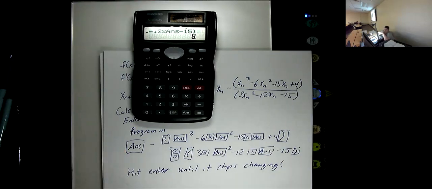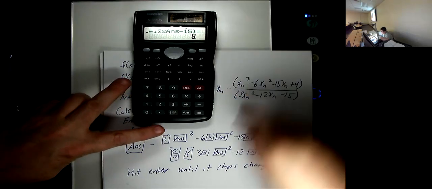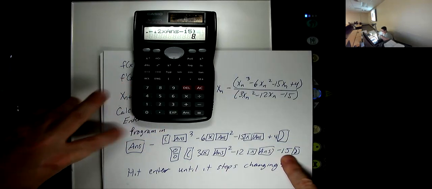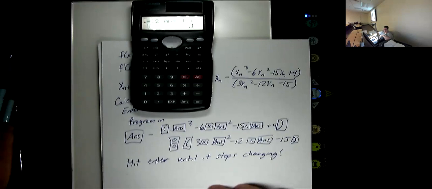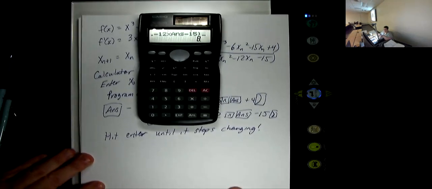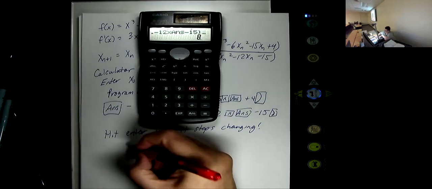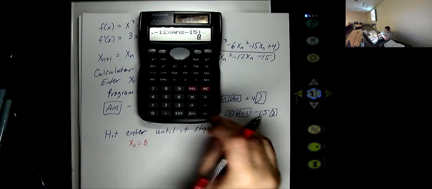Now watch what happens. What it's doing is it's going to grab my answer, which was 8, and auto-fill in all this and tell me what x sub 1 is. So x sub 0 was 8. I hit equals.